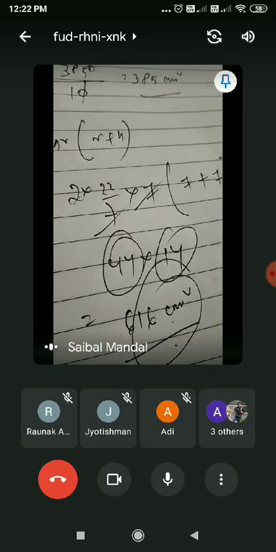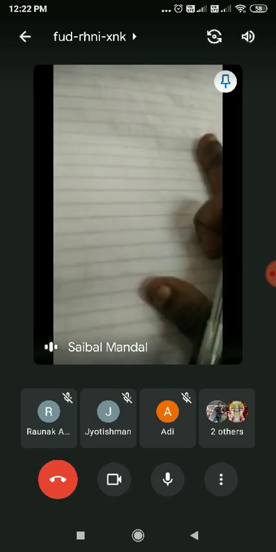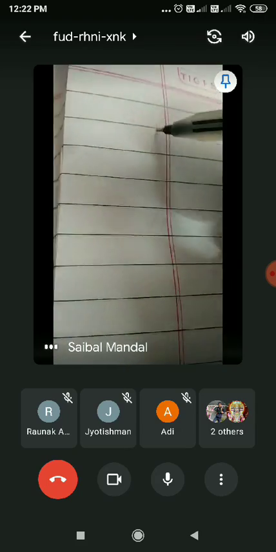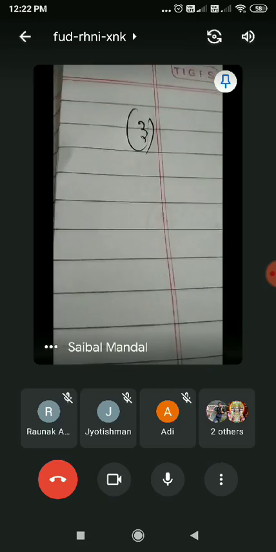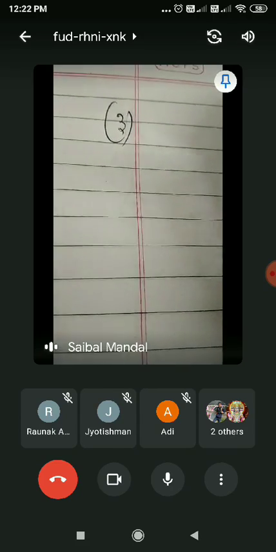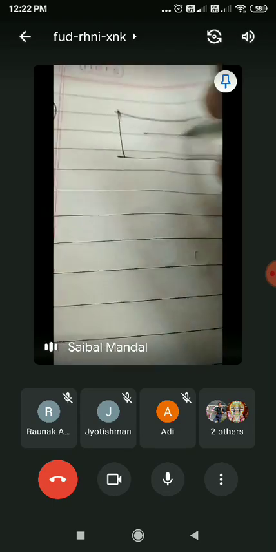Now, children, let us discuss question number 3. Find the height of a cuboid whose base area is 180 centimeter square. Let me draw a cuboid first.